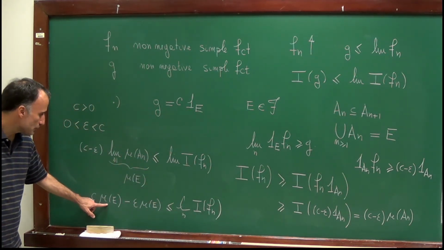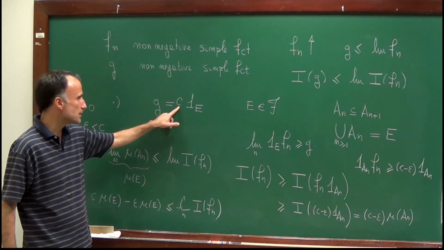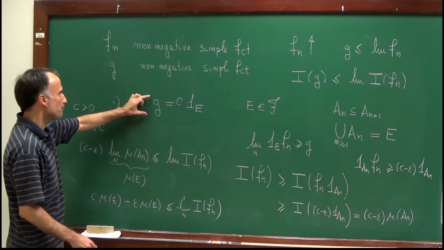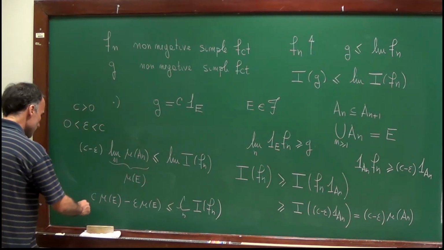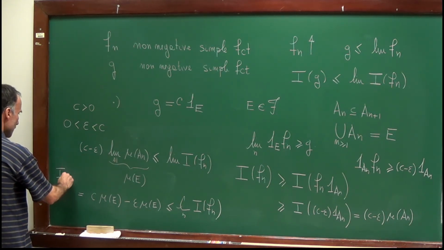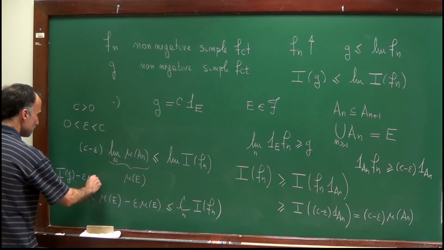Well, but c times mu of E, since g is equal to c times the indicator of E, the integral of g is exactly equal to c times mu of E, which is there. So this is equal to I of g minus epsilon times mu of E.